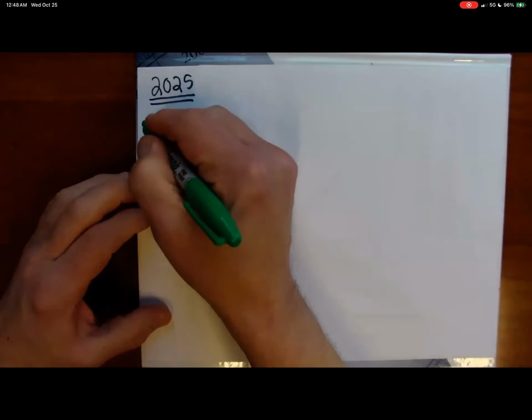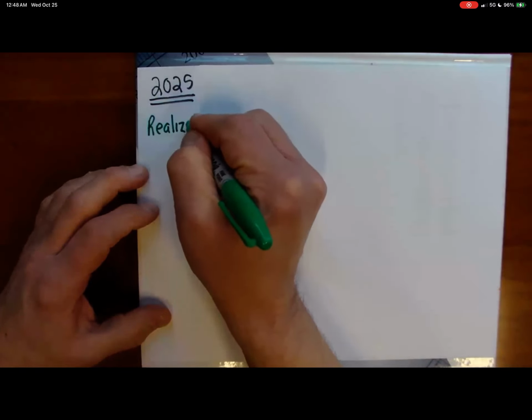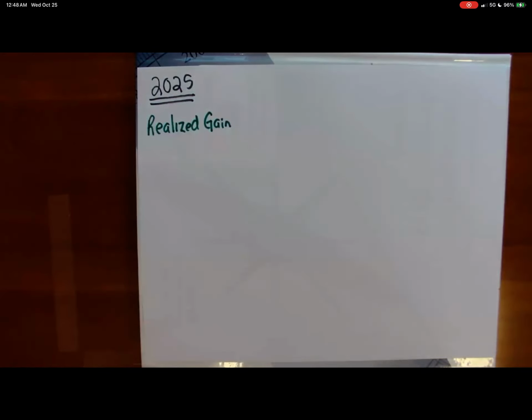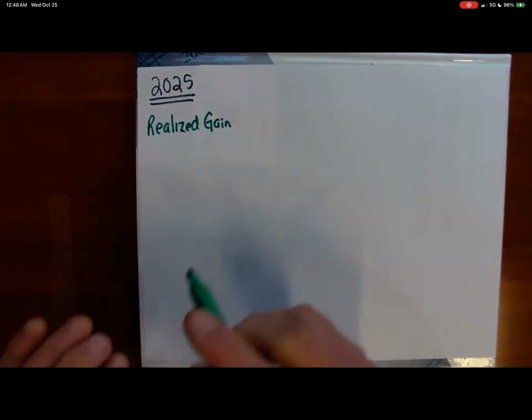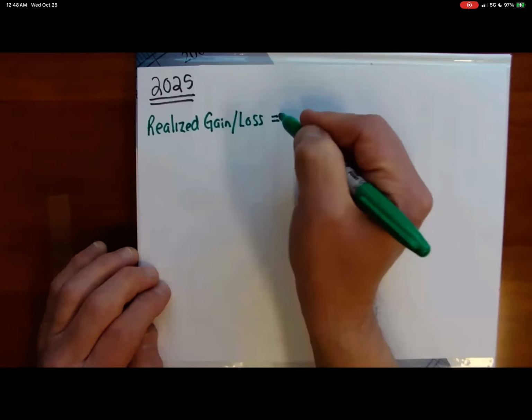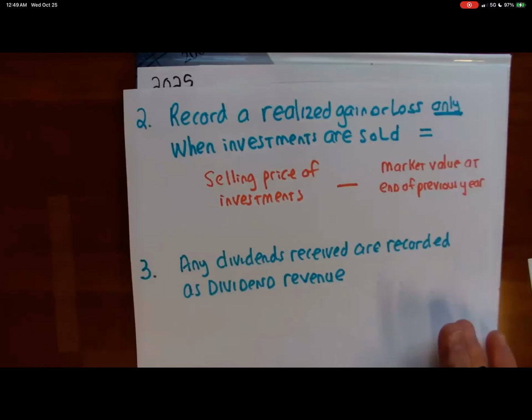Matthew, a couple questions before we get started. First question is just a yes or no question. In 2025, will we have a realized gain or loss? Yes. How do you know? Because the company sold 1,500 shares. Great answer.